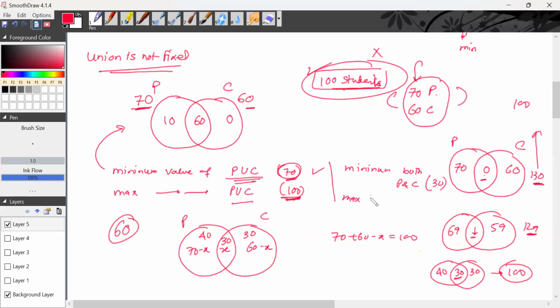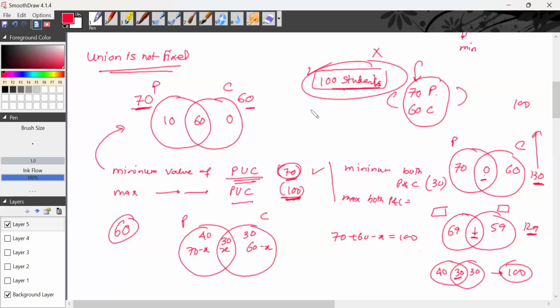And of course, if I ask you about the maximum, then what? Maximum value wherein people like both physics and chemistry. How can it be 100? 70 people like only physics, 70 people like physics. So how come 100 people like both physics and chemistry? This value cannot be more than the values here.